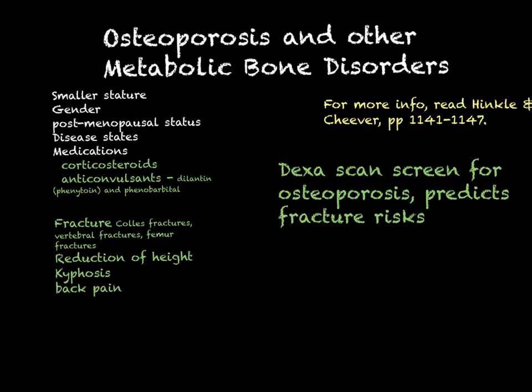Most of the education you're going to give your patient is about osteoporosis and how to decrease their risk and what to do with their T-score information. So current recommendations are that all women older than 65 years of age have a baseline Dexa scan, and that all women older than 50 who have gone through menopause get a Dexa scan.